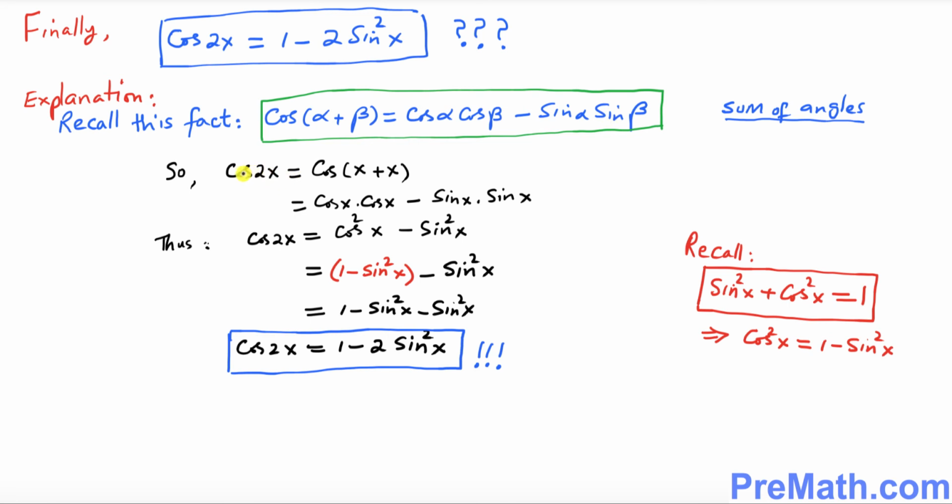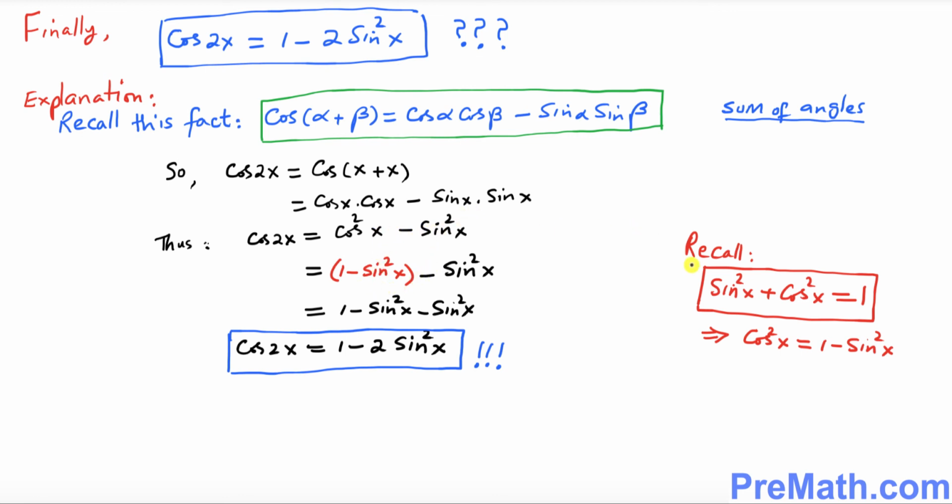Now we can use this fact for this one. Cosine of 2x could be written as cosine of x plus x, and then you use this fact. So this turns out to be cosine of x times cosine of x minus sine x times sine of x. So cosine and cosine give you cosine squared minus sine squared.